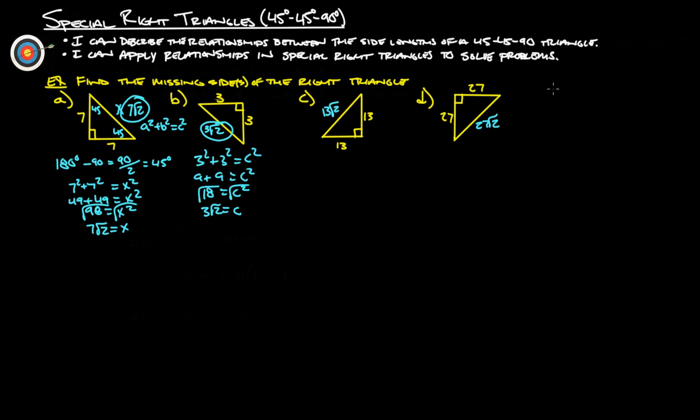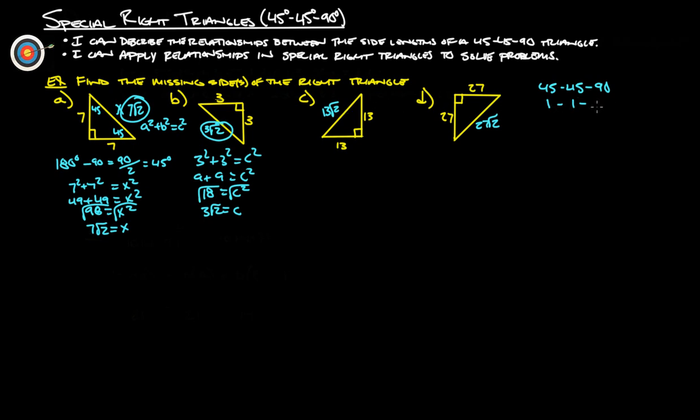So what we know is, if we've got a 45, 45, 90, the ratios are going to be as follows. Let's make it as simple as possible. Say both of those sides are 1, so it would be 1 to 1. And then the side across from the 90 degree angle is going to be whatever these sides are times the square root of 2.